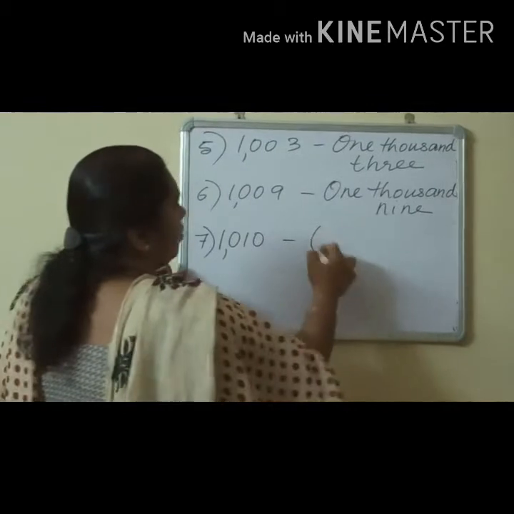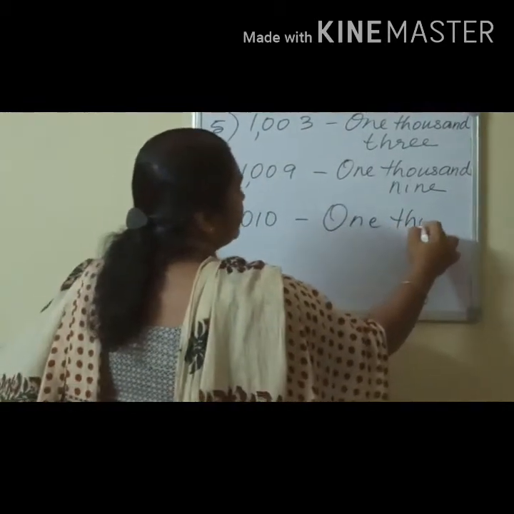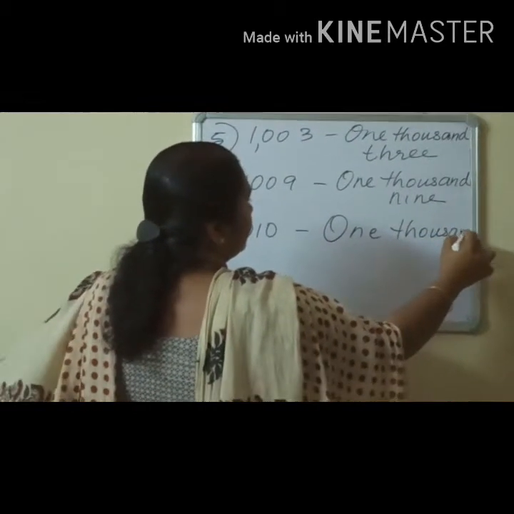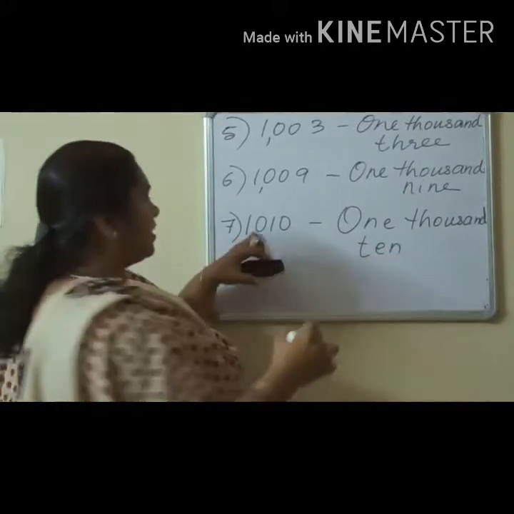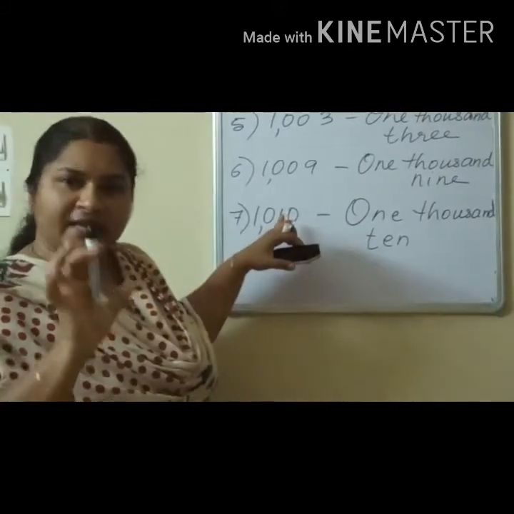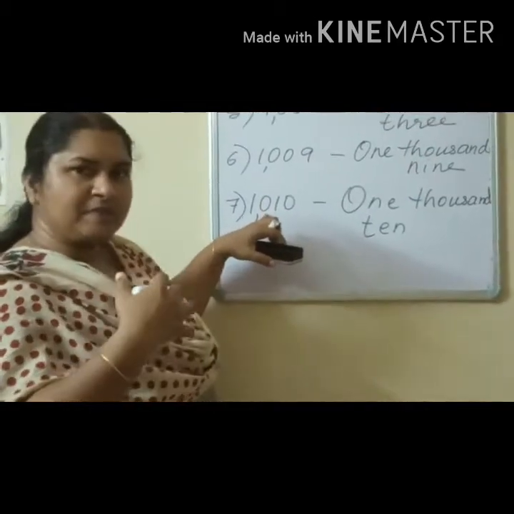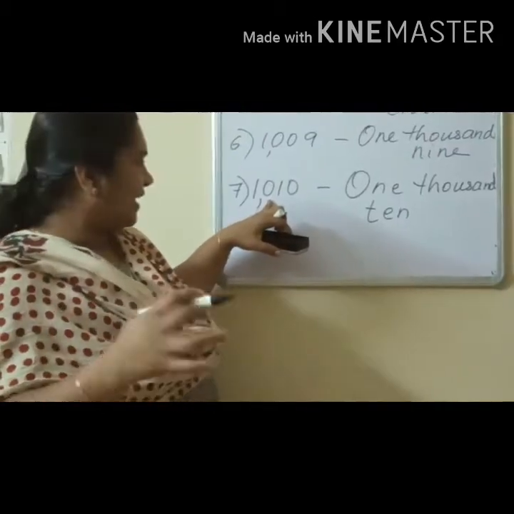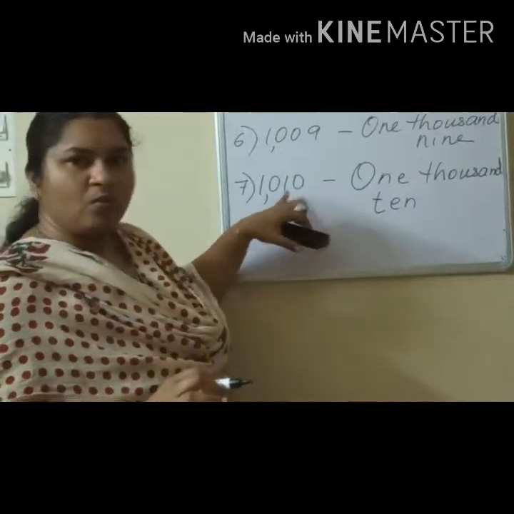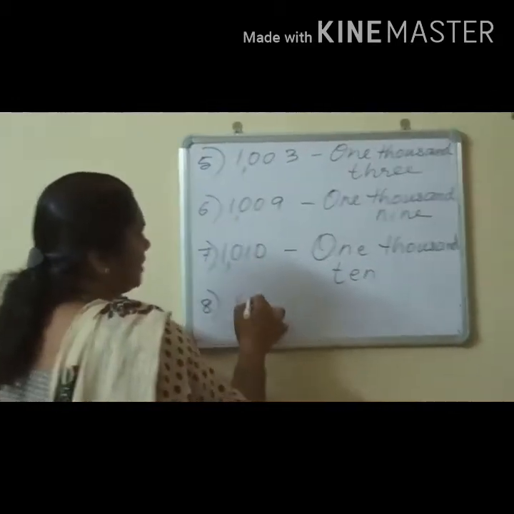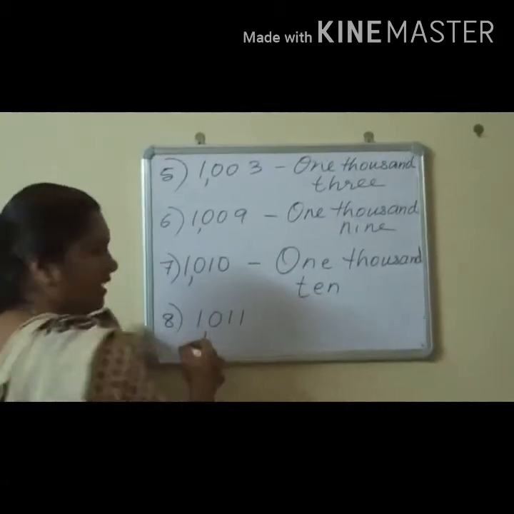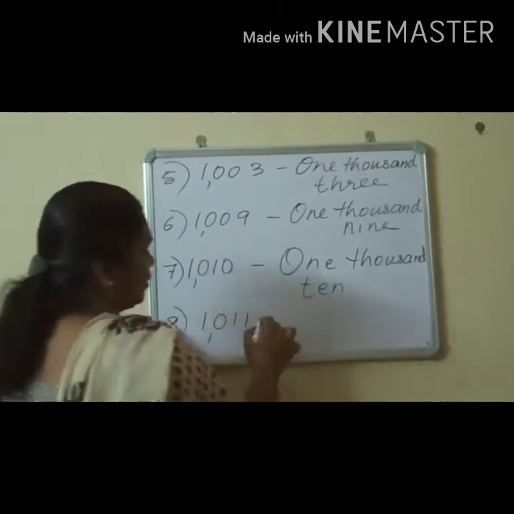So how to write? 1,010. 0 before 10 means it is 10. A 0 just before, if it comes, we neglect it. So it's 10. 1,010. Then what number comes? 1011, 1012.